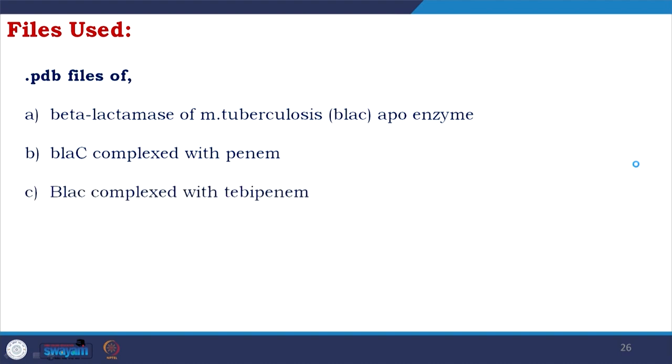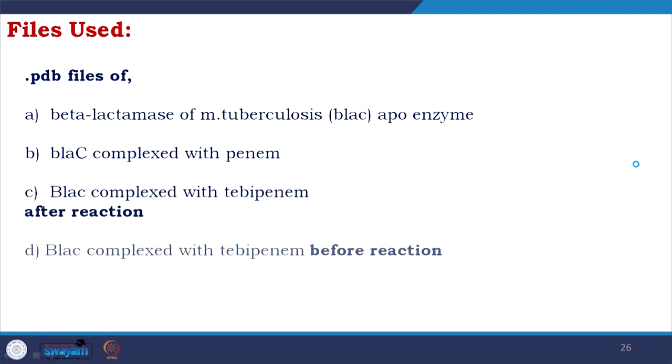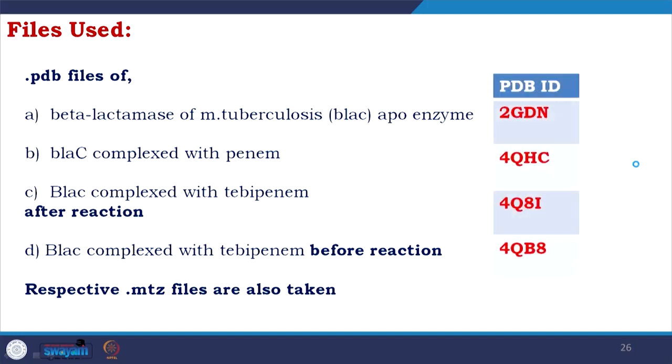Then BlaC complexed with tebipenem after reaction, and BlaC complexed with tebipenem before the reaction. And we also take the respective .mtz files. So, the PDBs we have taken are 2GDN, 4QHC, 4Q8I and 4QB8.